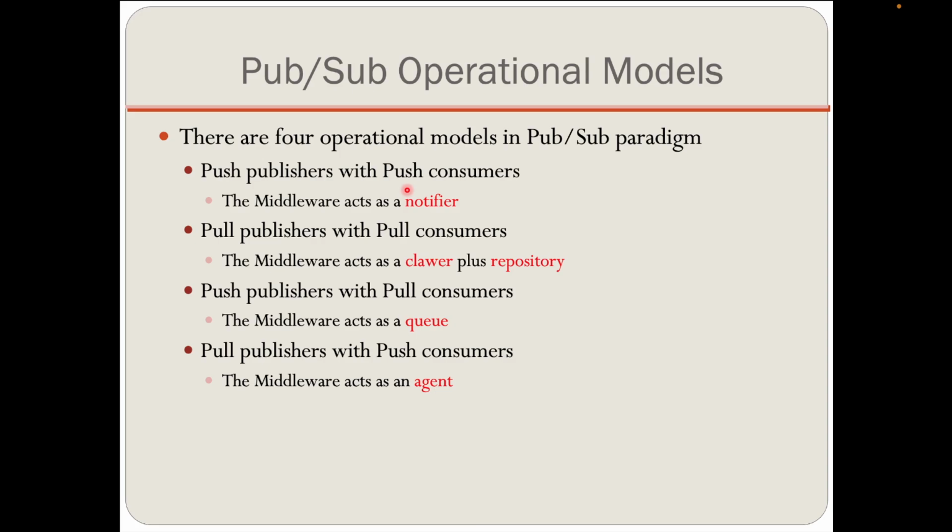So the middleware plays the role of a notifier. Something happens, the publisher tells the middleware, and then the middleware informs the subscriber. The second mode is that they both use pull operations, or APIs. So the middleware acts like a crawler plus repository. That means the middleware will actively try to get the information from those publishers.